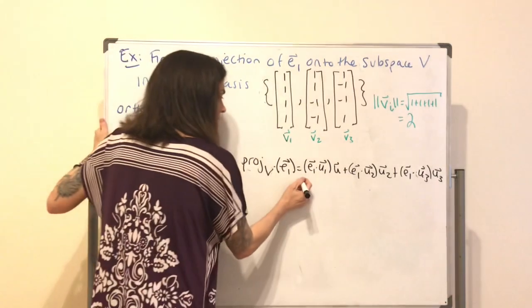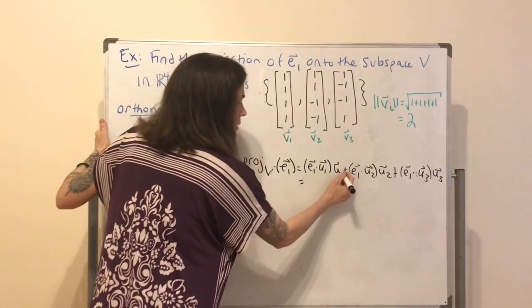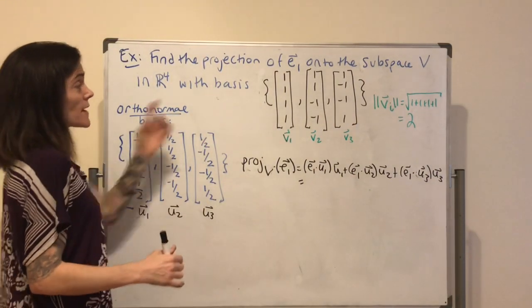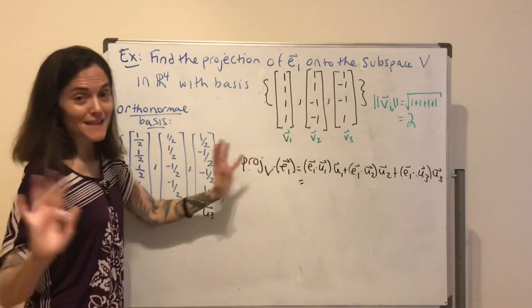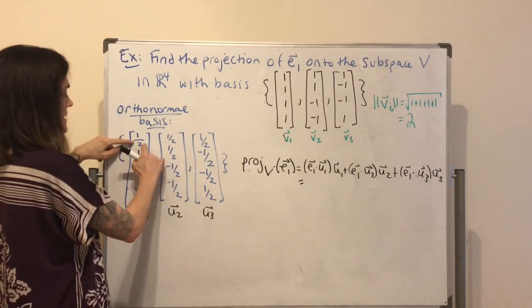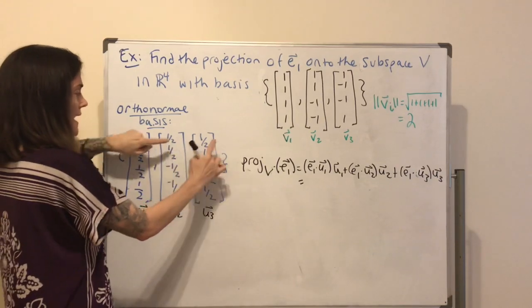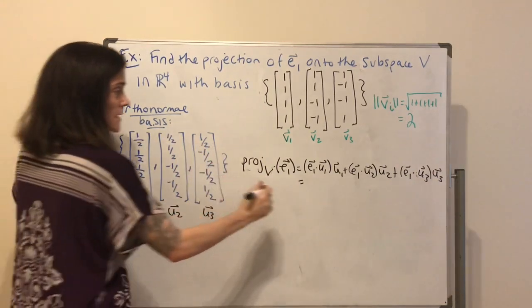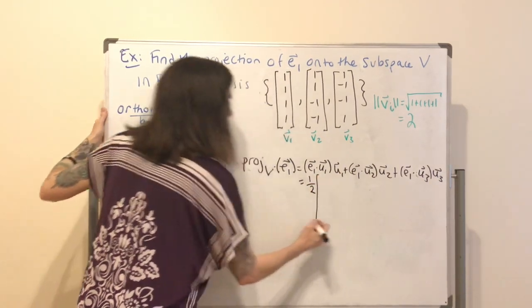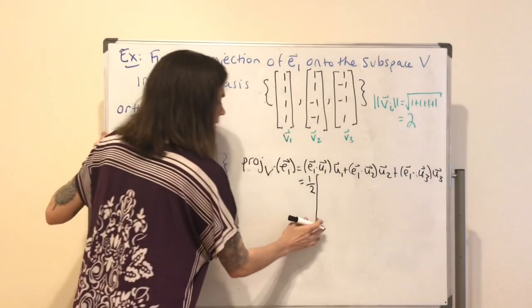And then now we just need to compute some dot products and put the appropriate vectors there. E1 is the vector with zeros everywhere else. So you dot product with any one of these. E1 dot this is a half, E1 dot this is a half, and E1 dot this is a half. So this is going to be a half. And then I put U1 here, which is all halves.